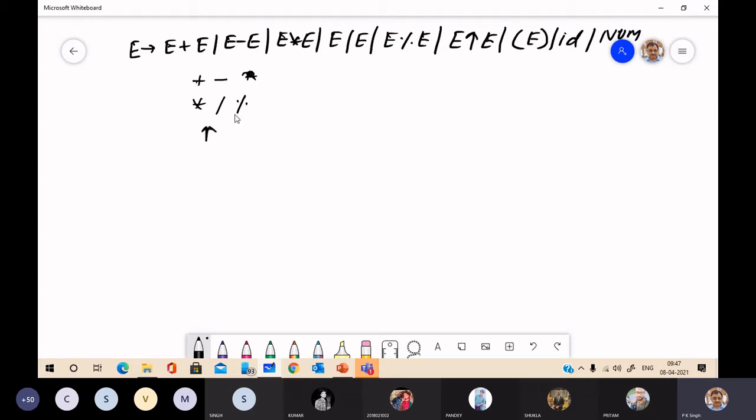These are arithmetic operators on three different precedence levels. We will also consider the associativity of the operators, because if an expression has two or more operators having the same precedence, then their evaluation order is decided by their associativity. So in that case we have to consider the associativity also.